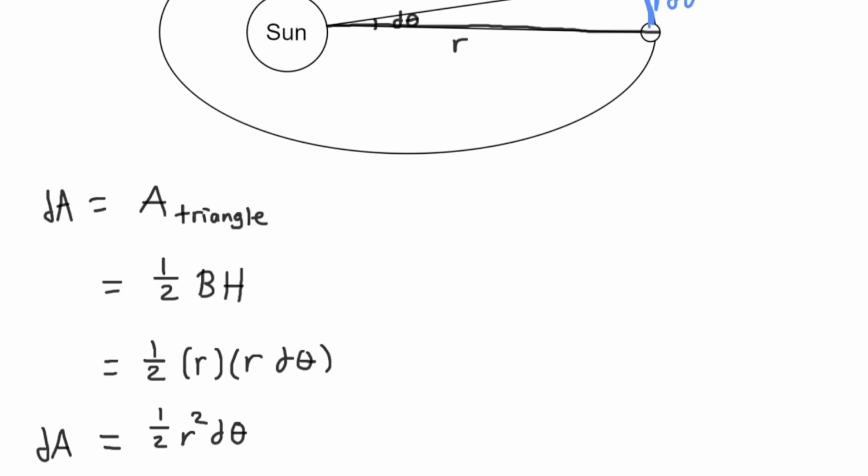So d theta/dt is omega. So we can go on in and plug that over. So dA/dt is equal to 1/2 r squared times omega.